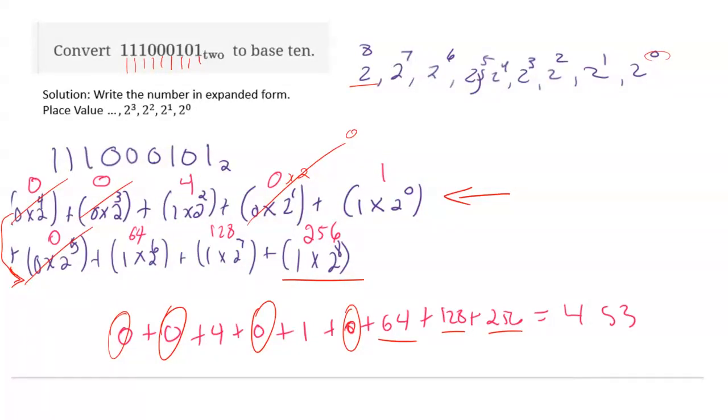And the other numbers that are not zeros are 256, which is counted, 128, 64. I have a 4. This is my 4. And the very first one, which is a 1. So if you do this sum, 4 plus 1 plus 64 plus 128 plus 256, the final result would be 453.